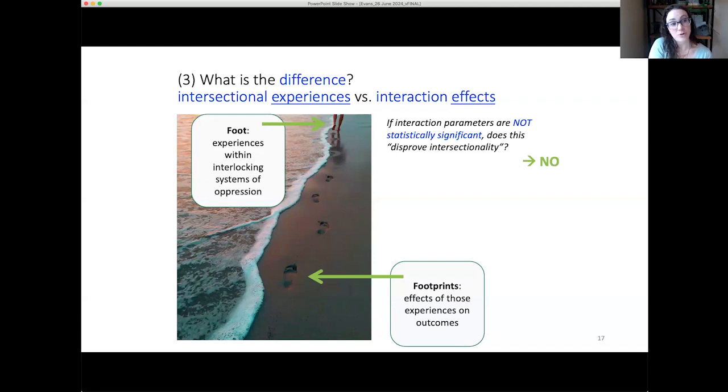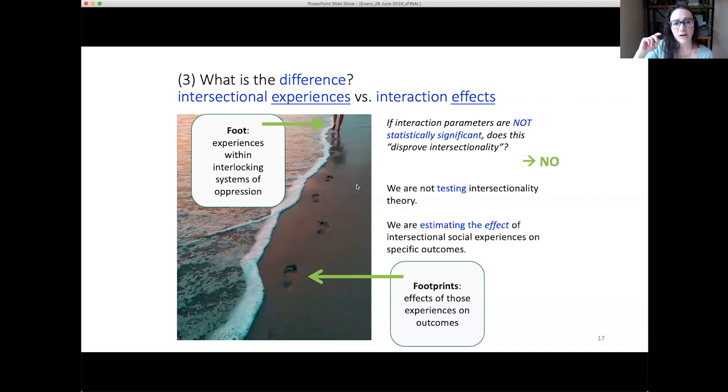And there's any number of reasons why the footprint may exist or not, or why it may have interactions that are required to describe it, or maybe it's perfectly additive. It doesn't change the fact that an intersectional experience exists out there in the world, right? So in other words, we aren't actually testing intersectionality theory.